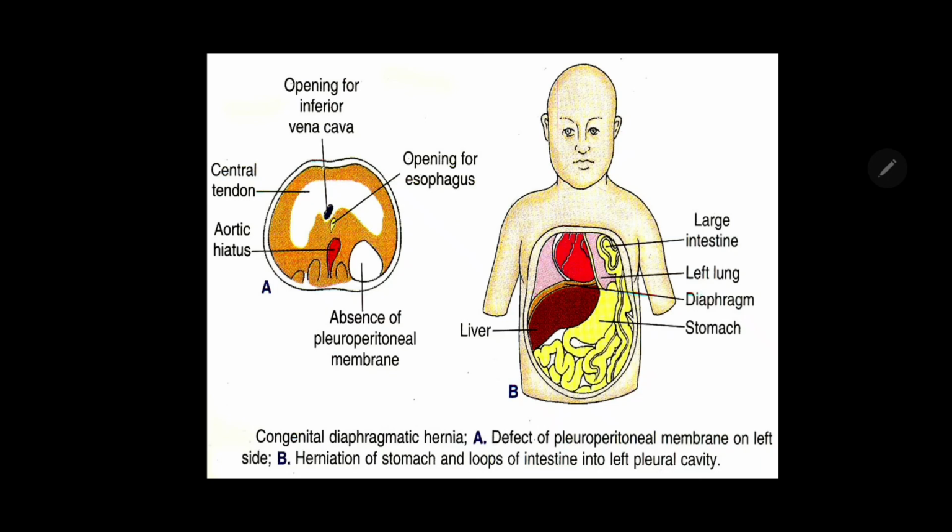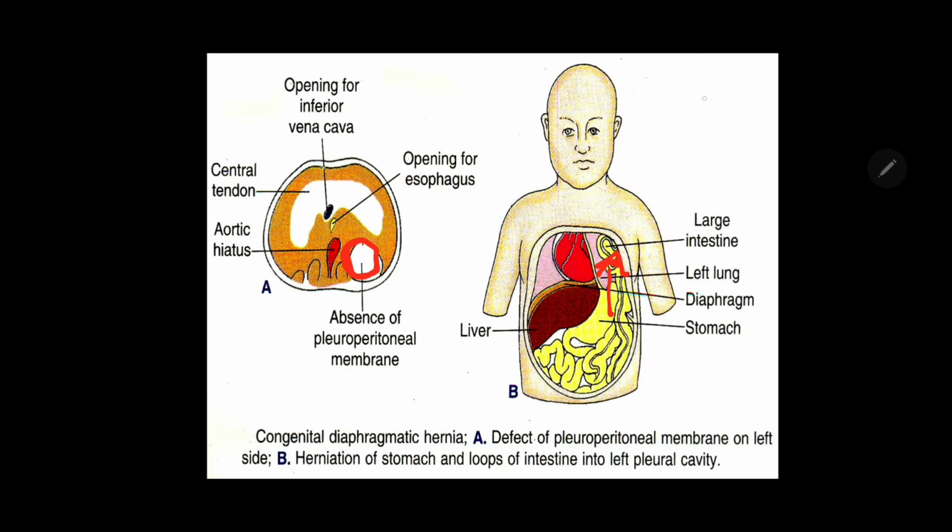And one more hernia is esophageal hernia. It is due to congenitally short part of the esophagus, because esophagus undergoes elongation during the development. If it doesn't elongate, there will be esophageal hernia. And you can notice there on the left side, you can see there is a gap, that is absence of pleuroperitoneal membrane, resulting in the herniation of the abdominal contents into the thorax.